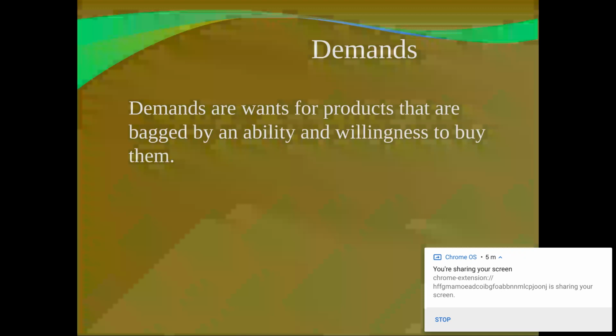First of all, it's an ability and willingness to buy them. There must be an ability also. Your pocket must allow it so that you can purchase it. Not only about pocket, but there are certain other factors also. Say for instance, since we are in Bikaner, we can quote an example, say for instance Kia.